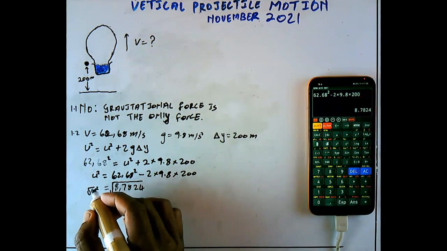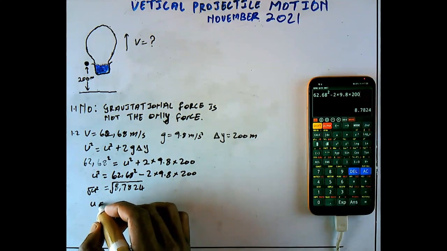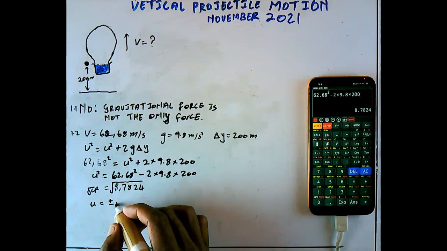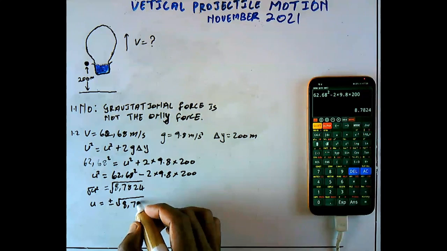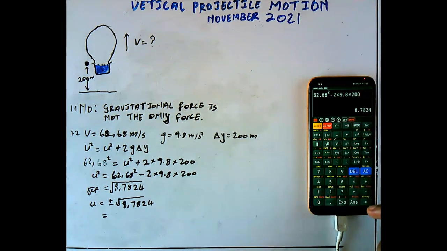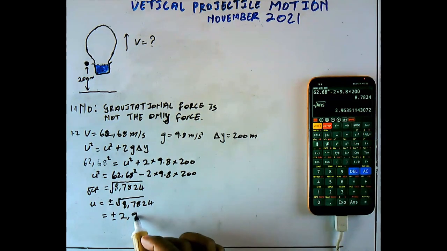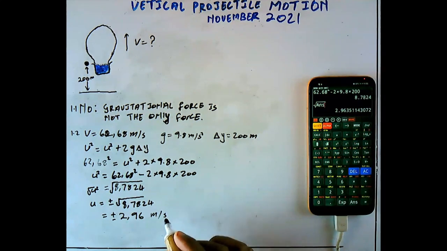Because it is squared, the square root is going to remove the square. So u equals plus or minus the square root of 8.7824, which equals plus or minus 2.96 meters per second, because it's the speed.